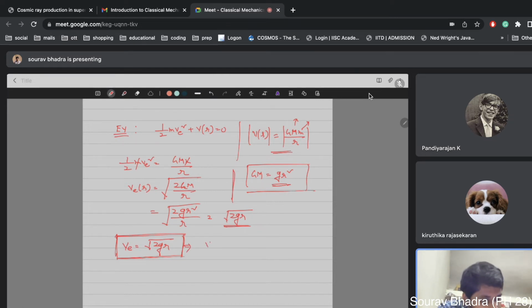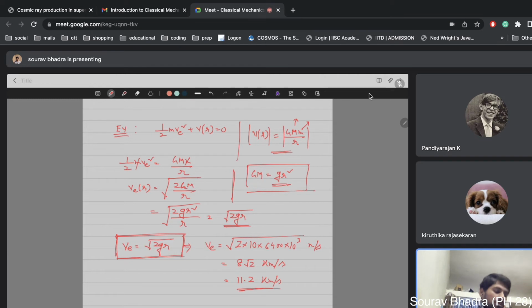So if we put in our values, suppose r is roughly 6400 kilometer, and g is 10 meter per second squared, and you include all those values and convert to kilometer per second, that will give you 8 root 2 kilometer per second, which is roughly 11.2 kilometer per second.